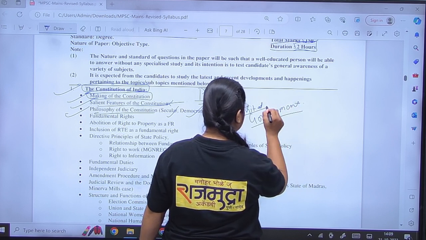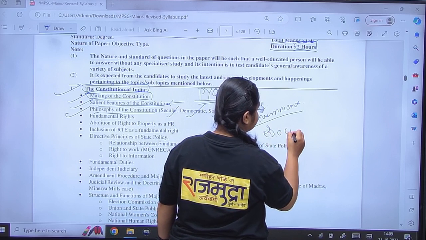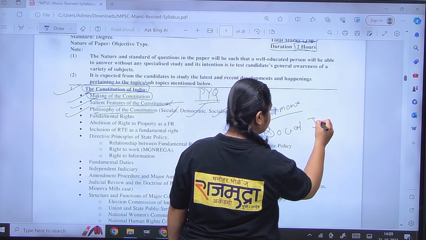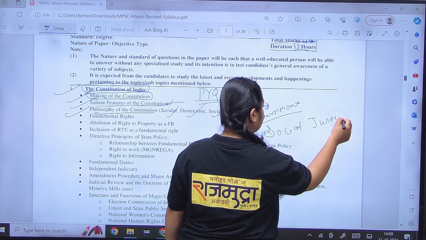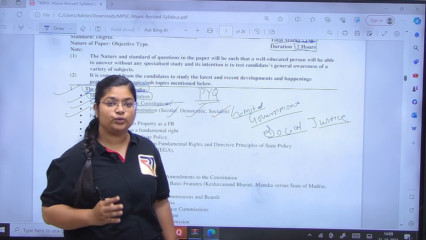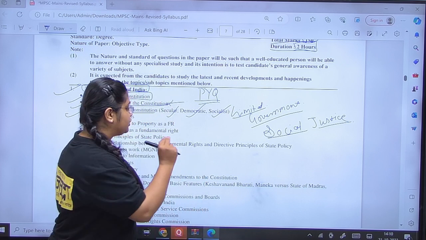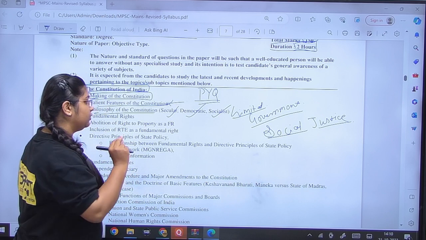Then second, we think about social justice. For the examination, we need to know what type of questions they are asking and from which part of the syllabus they are asking.